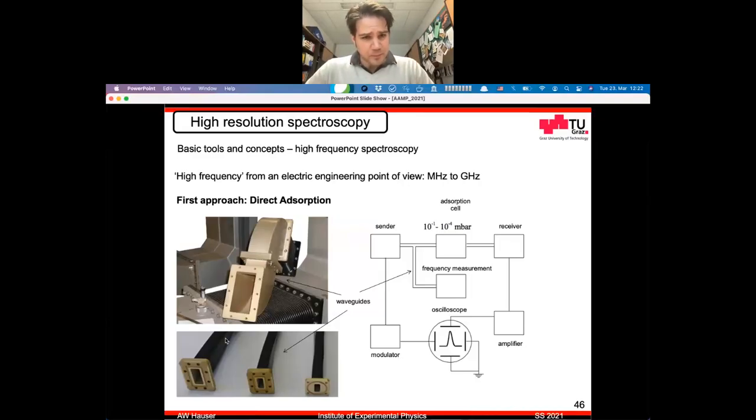So direct absorption is the first way of how we can measure the resonance of our piece of matter that we're interested in.